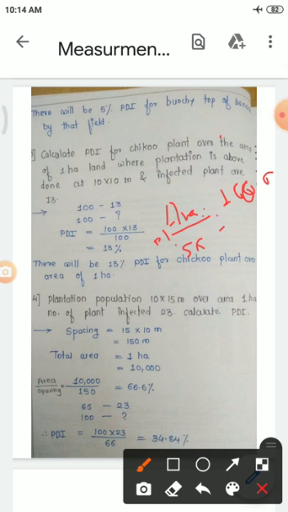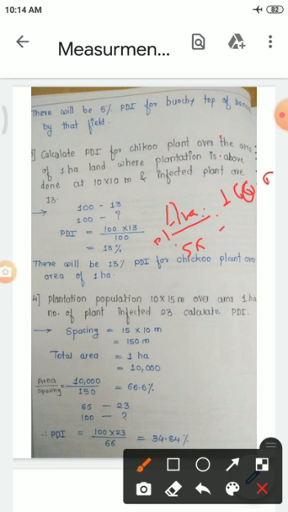The area is 1 hectare, that is 10,000 square meter, divided by spacing, 10 by 10, that is 100 square meter. By that calculation we obtain the total plant population as 100.